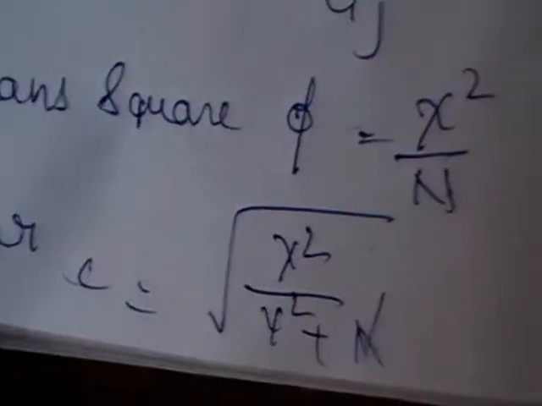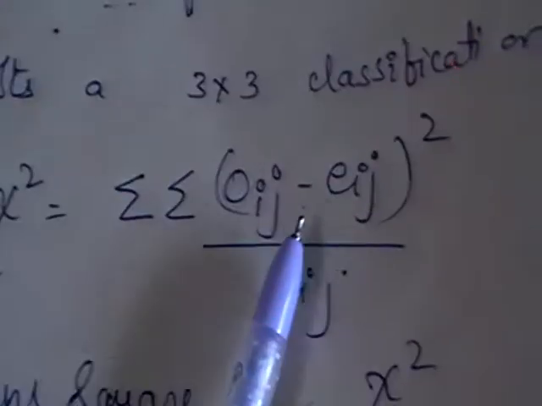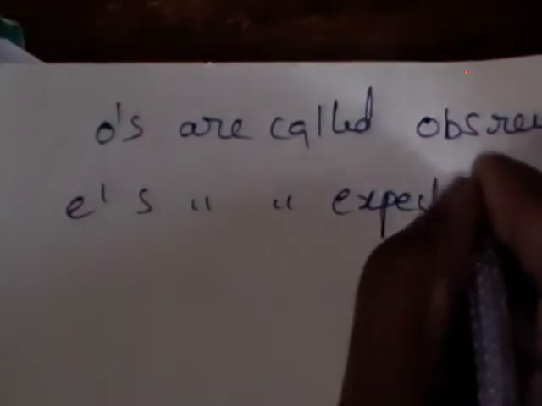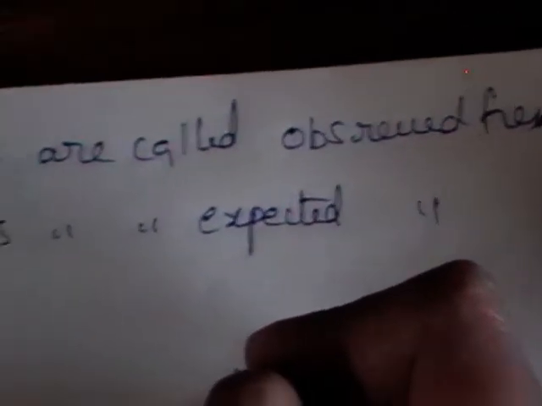So let us first calculate chi-square. What is the formula for chi-square? Oij minus Eij whole square by Eij. Here O's are called observed frequencies. E's are called expected frequencies. We have two types of frequencies, O's and E's.